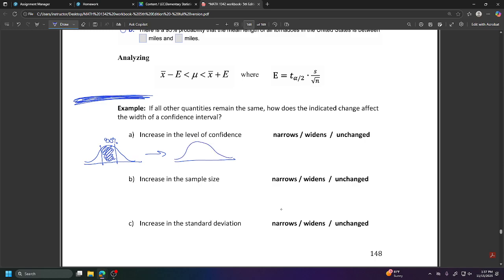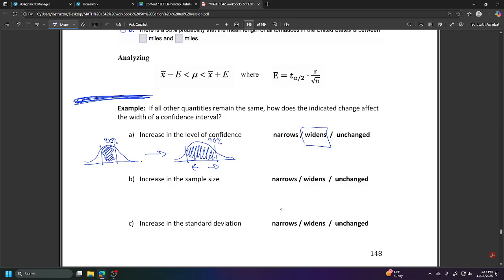So what if I go from 80 all the way to 90% confidence? What happens to this area here? Yeah, it widens. See how it got wider here? It spread out more. But isn't that the point? 80%, 90%, 99% just gets bigger. So that's super easy.